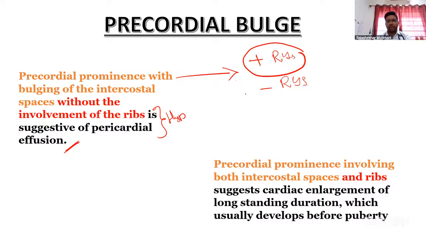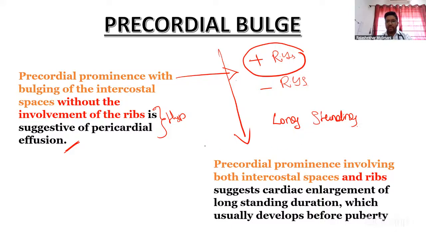Whereas, very important, when we mention precordial bulge in cardiovascular examination, it means that there is some cardiovascular disease which is there since long, a long-standing cardiovascular disease, especially in childhood, will produce precordial bulge because the ribs will be pliable during that age.